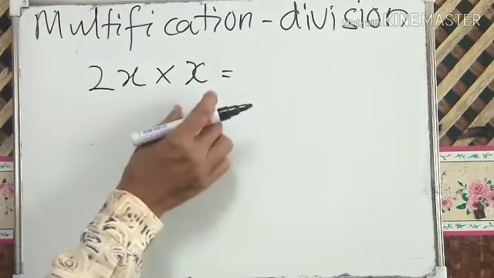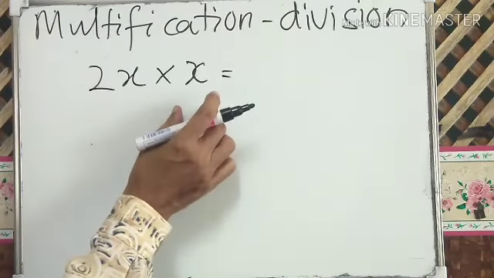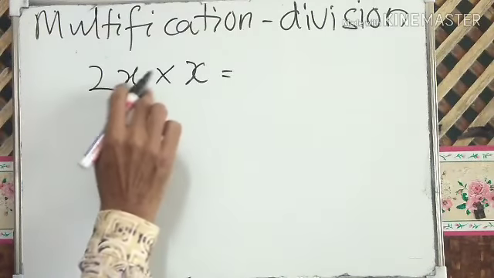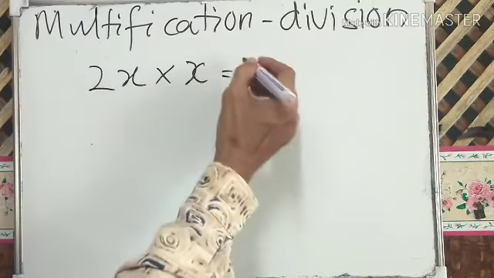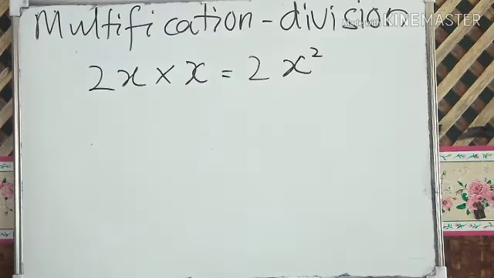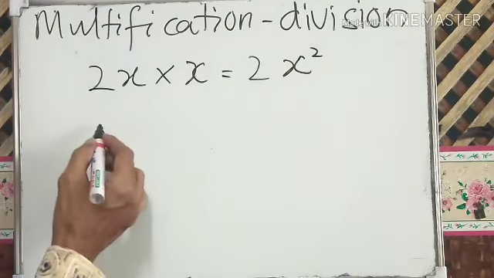These are two like terms. Two like terms we can multiply directly, become 2x to the power of 2.